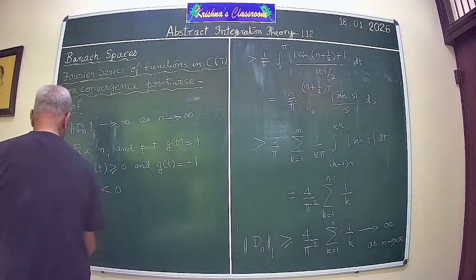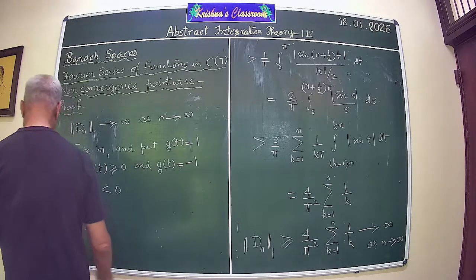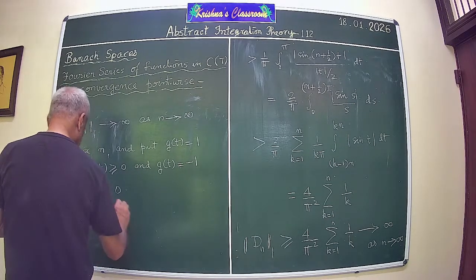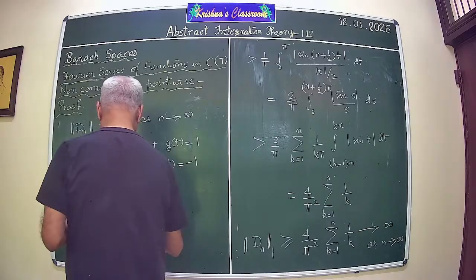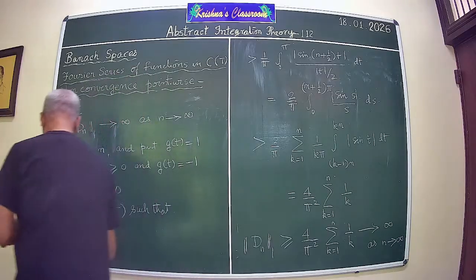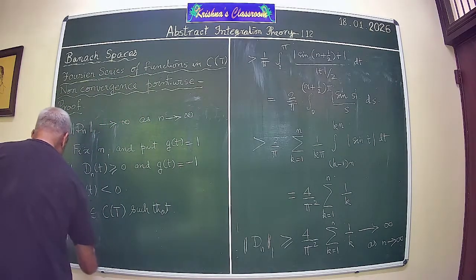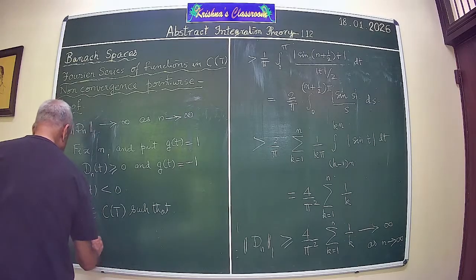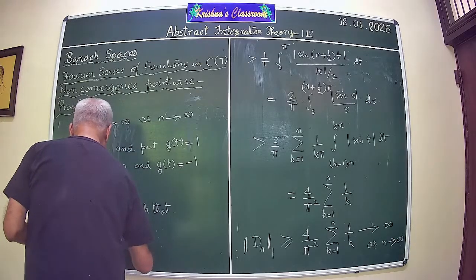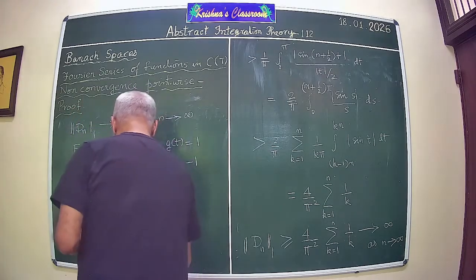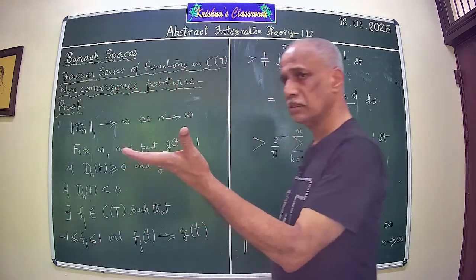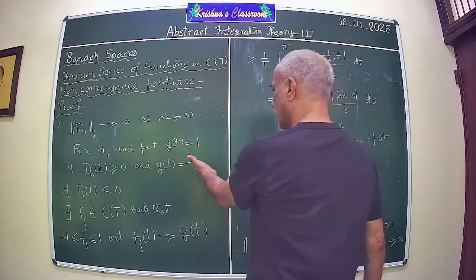Then what happens is there exist functions f_j belonging to C_T, with absolute value less than or equal to 1, and so what we are approximating is each step function, which has the value minus 1 and plus 1.